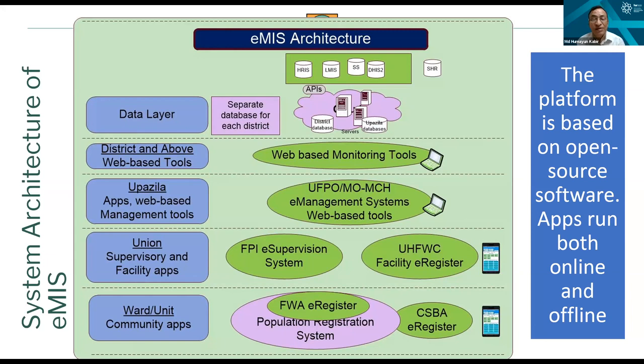So this is organized in different layers, and all the tools are running on mobile, online or offline. And also all the software that we have used are open source. And at the top level, we use DHIS2 for aggregation. Next slide, please.